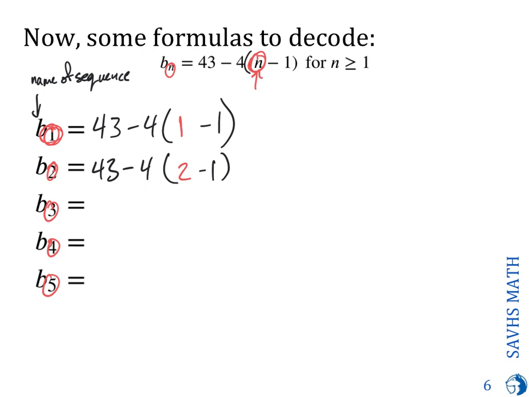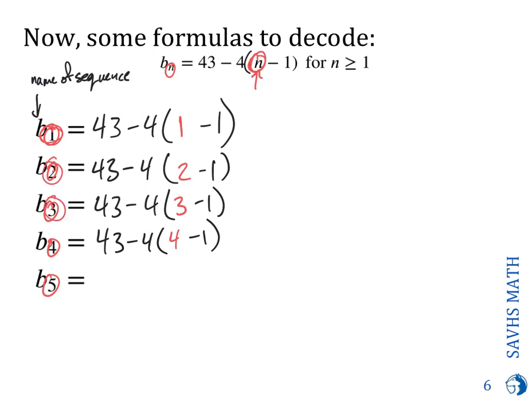Keep on going. N is 3. And one last one, 43 minus 4 times N is 4, minus 1. Notice that what I'm doing here is taking that N, which is the step number each time, and putting it into the formula where it belongs, right there.